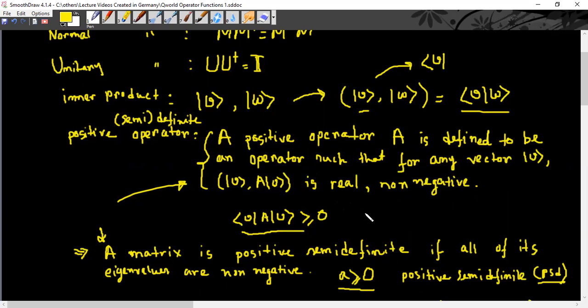A connection can be made like this: if V is an eigenvector of this operator A, and a is the eigenvalue, then we get an equivalent expression. If we plug this expression in, then what do we get?